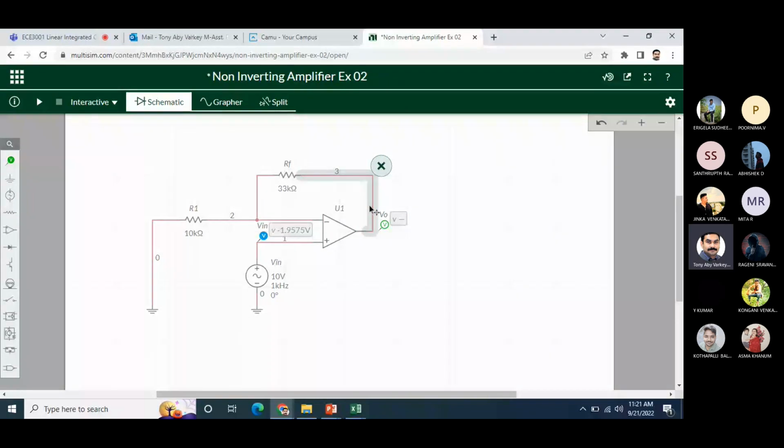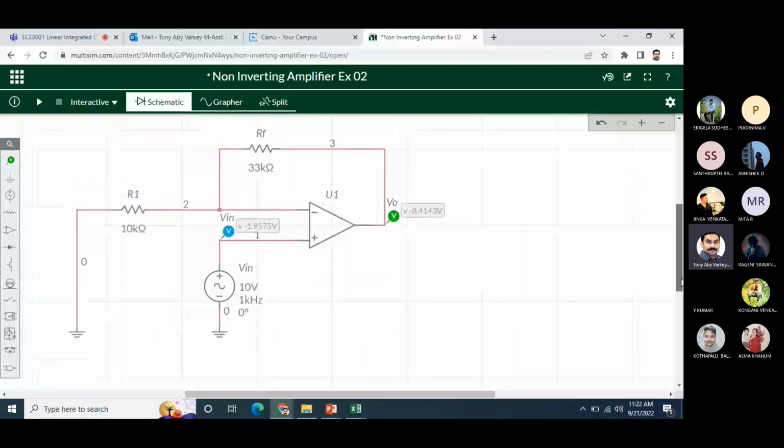So please try to wire this particular circuit. Anyone? Whether you are getting the output that I told. I hope you can see.